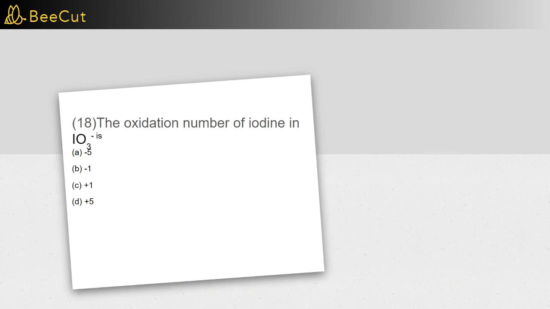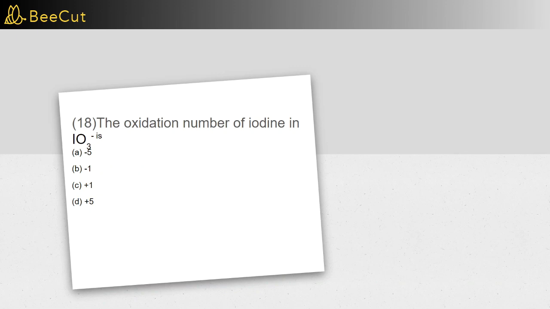The oxidation number of iodine in IO3 minus. How do you do this? In doing this, we are looking for the oxidation number of iodine, and to do this, we represent the iodine by letter X. The oxidation number for oxygen is -2 multiplied by 3.